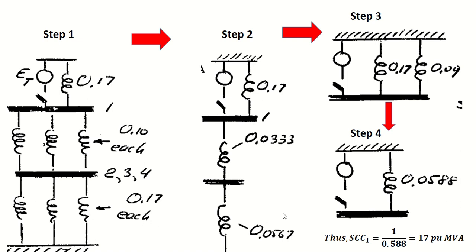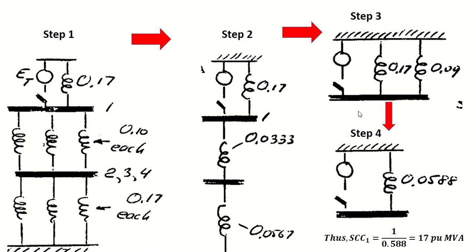You can calculate and you will get the same results. And we leave this as it is. Now we move to the next step. Next, we add the total line reactance and the total transformer reactance in series. So 0.0333 plus 0.0567 in series equals 0.09.